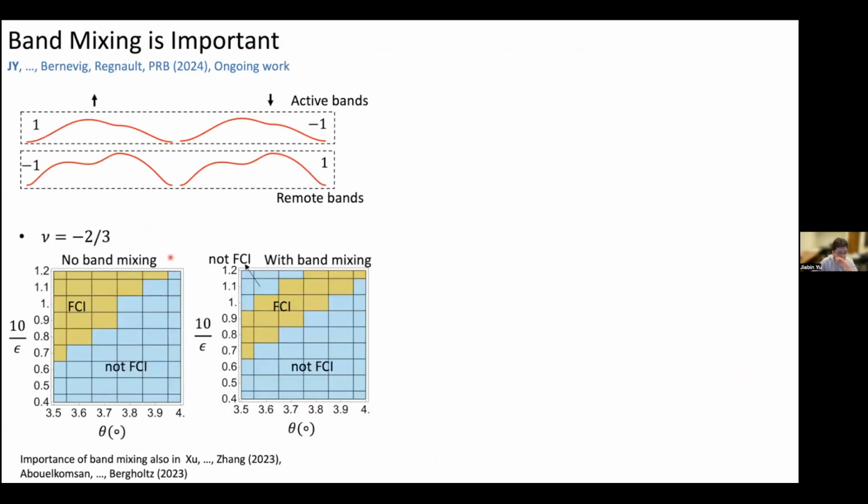For example, at nu equals -2/3, if we do not include band mixing, we cannot have this strap-like region of FCI. So basically, if we have only one band per valley, and we polarize spin, if FCI happens at a weak interaction, it would definitely happen at a strong interaction. That's why without band mixing, you will see FCI happens at many angles.